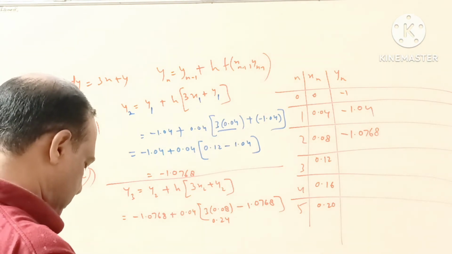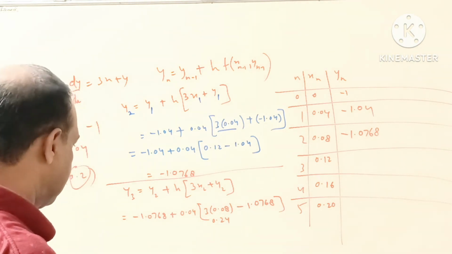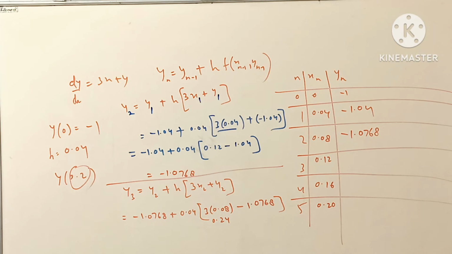Doing the calculations with the GDC helps us in saving time also. Now here is minus 1.0768, plus 0.04, and I start the bracket. This is 0.24 minus 1.0768.